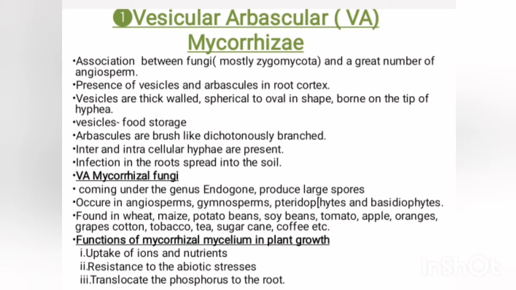And this type of mycorrhizae occurs in wheat, maize, potato, beans, coffee, sugarcane, tobacco, tea, cotton, grapes, oranges, apple, strawberries, tomato, soybean, etc. It also occurs in angiosperms, gymnosperms, pteridophytes, and basidiophytes.